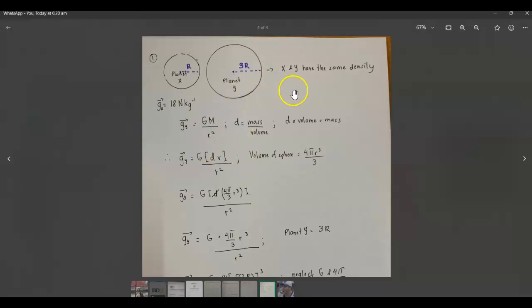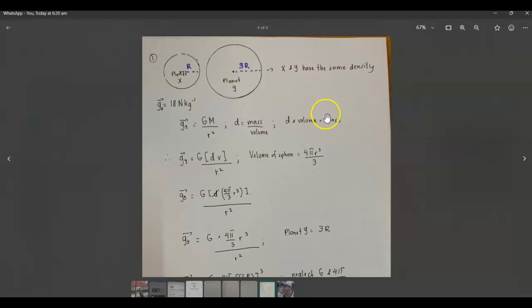And since the condition says that X and Y have the same density, this means the density also affects the gravitational field strength of this planet, because density is equal to mass over volume. Now, since we don't know the mass of planet Y, we can simply isolate mass from the formula density equals mass over volume, which gives you density times volume.